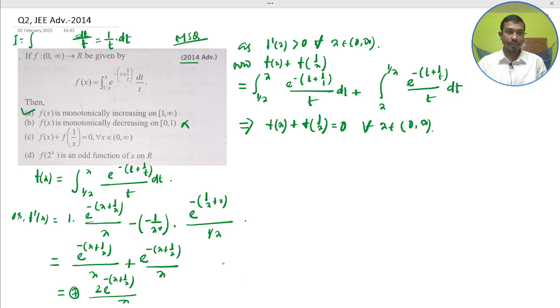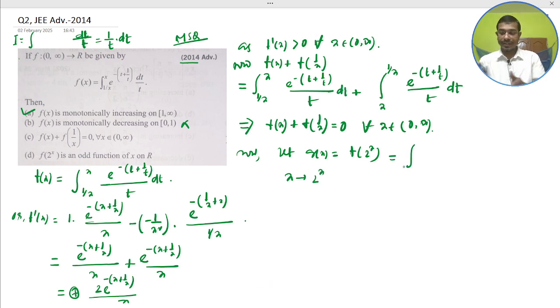So now the fourth option, let another function gx be f of 2 to the power x, this is given. So this would be what? You have to find x changes to 2 to the power x. So the integration limit should be changed here.